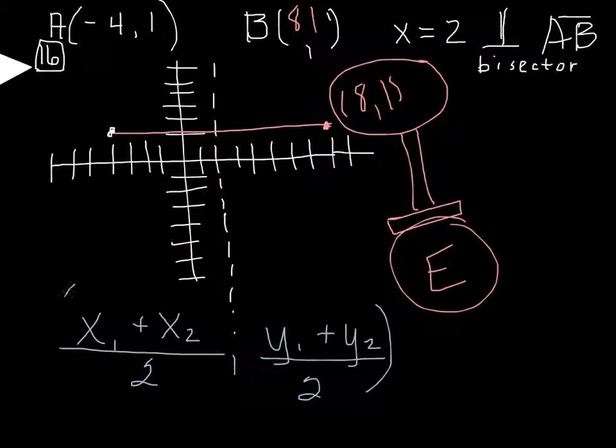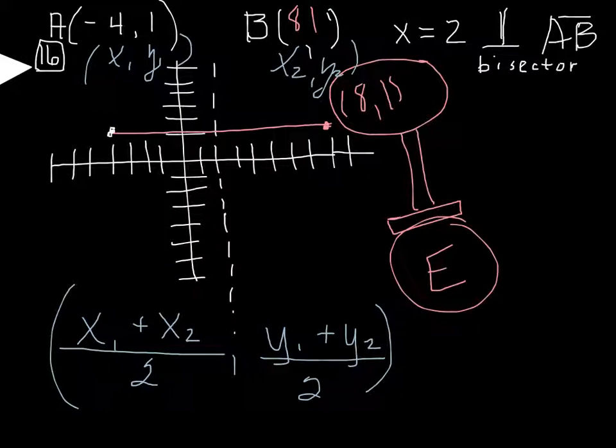These are the ordered pairs. So this is x sub 1, y sub 1, and this is x sub 2, y sub 2. So we could substitute into this equation what we know, and then by calculating it out, figure out what the answer is.